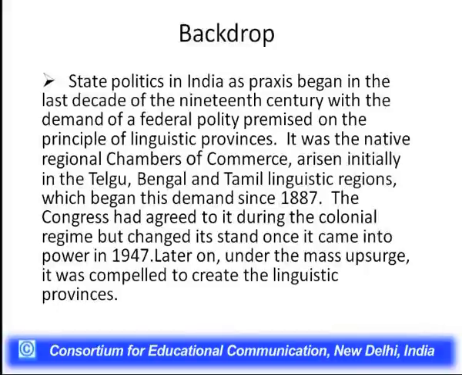It all began in 1887 when the first national chambers of commerce was formed in Bengal, the Bengal Chambers of Commerce and Industries, and they began to pressurize the Indian National Congress to agree to the proposal of federalism in India, and that federalism in India should be premised on linguistic provinces.